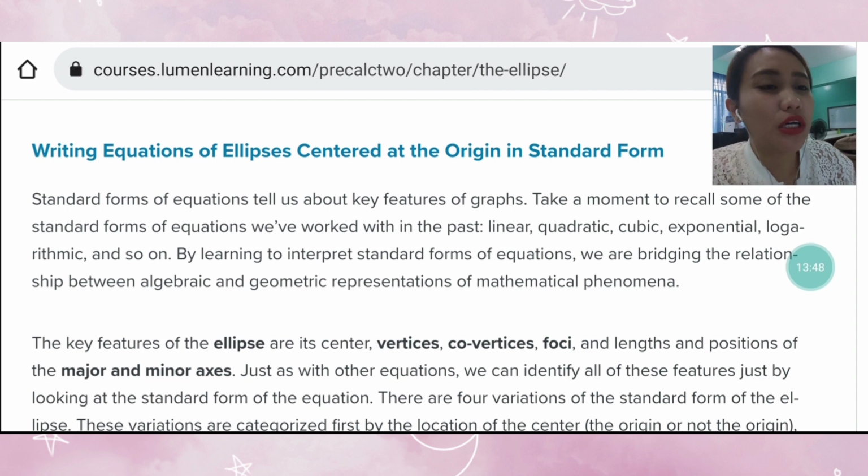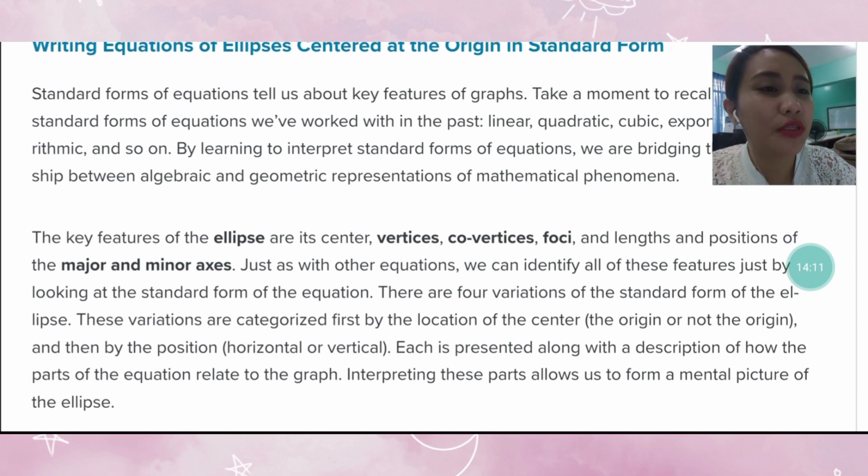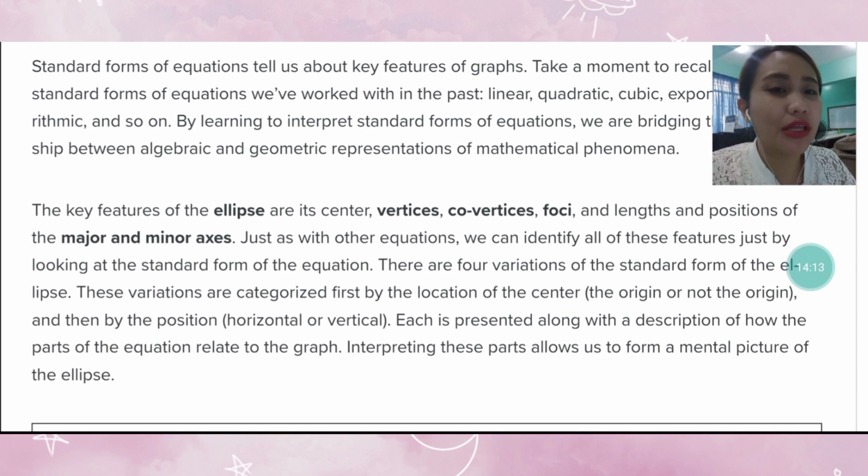There are different types of equations: polynomial equations, linear if the highest degree is 1, quadratic if the highest degree or exponent is 2, cubic, exponential, logarithmic, and so on. By learning to interpret the standard form of equations, we are bridging the relationship between algebraic and geometric representations of mathematical phenomena.